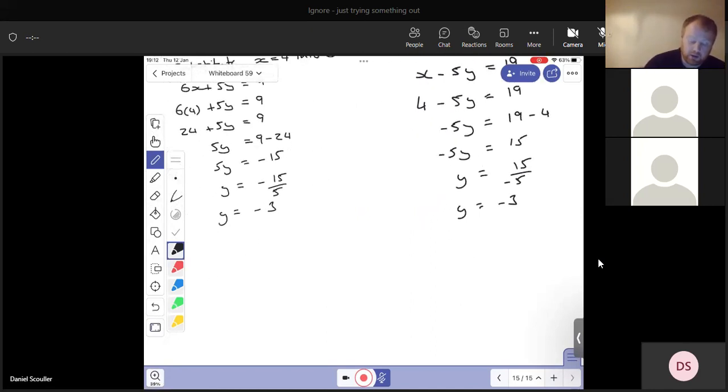So your final answer, x is equal to 4 and y is equal to negative 3. And then again, you can check those answers by substituting.